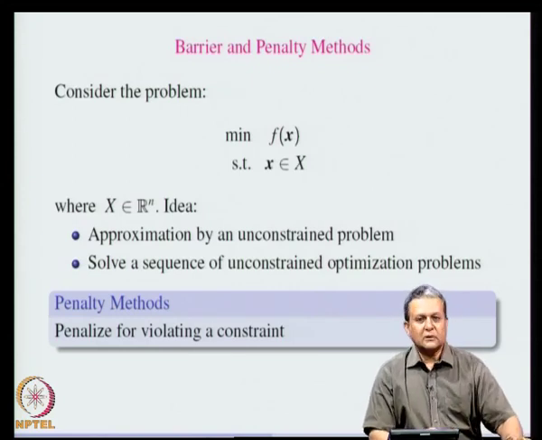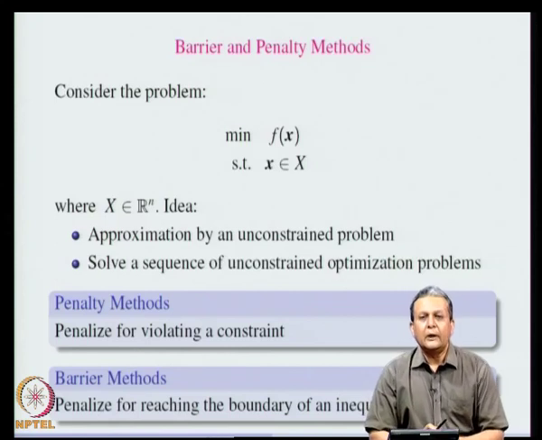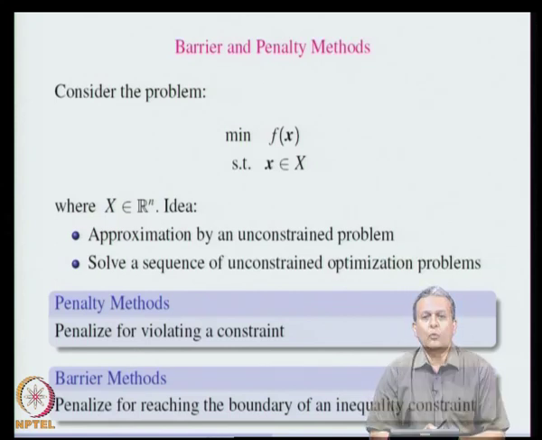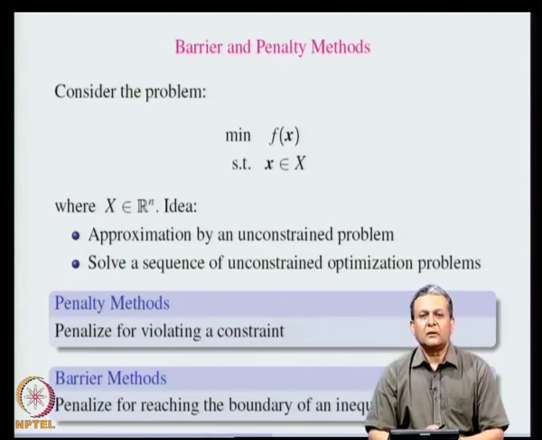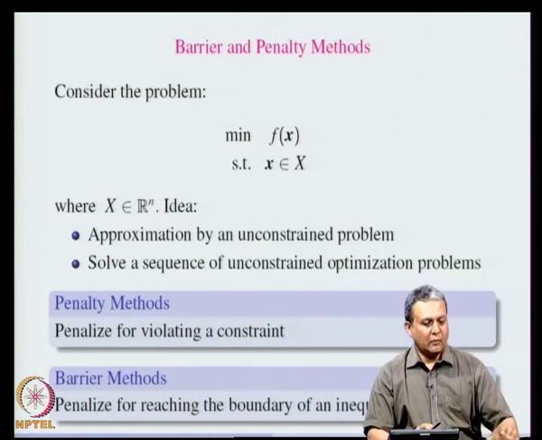The barrier methods, on the other hand, do not let the feasible point move away from the boundary of the feasible region. One can think of it as putting a barrier around the boundary, so that the feasible points generated are always in the interior of the feasible region. So, these methods can also be thought of as interior point methods for solving constrained optimization problems.